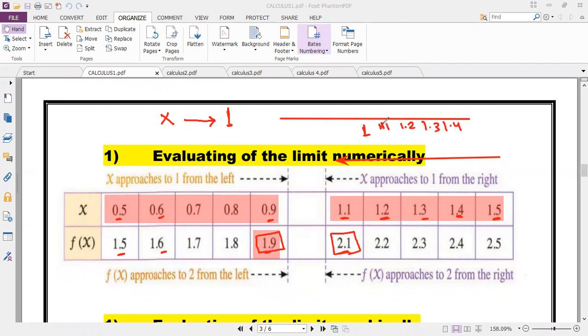So this is the limit from the right, and here we have the limit from the left. x approaches 1 from the right, and f of x approaches 2 from the right. So what is the limit of the function as x tends to 1? It will be 2.